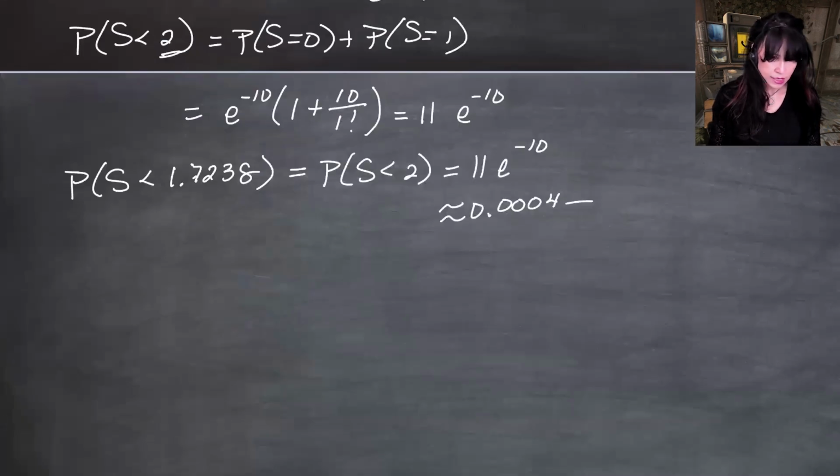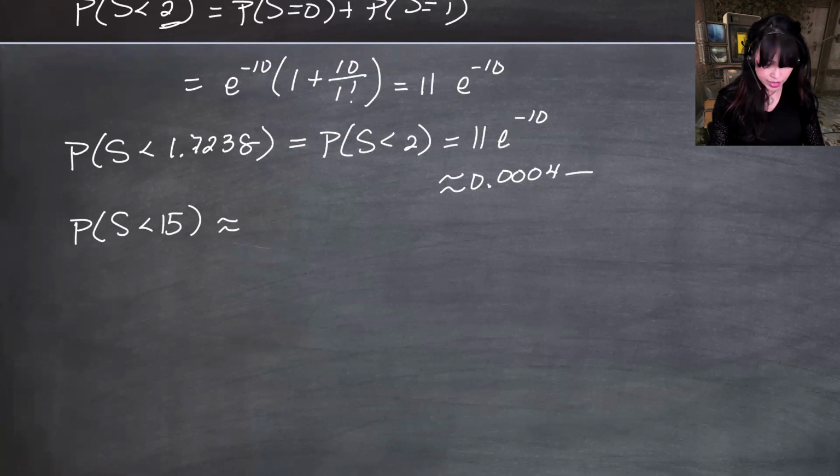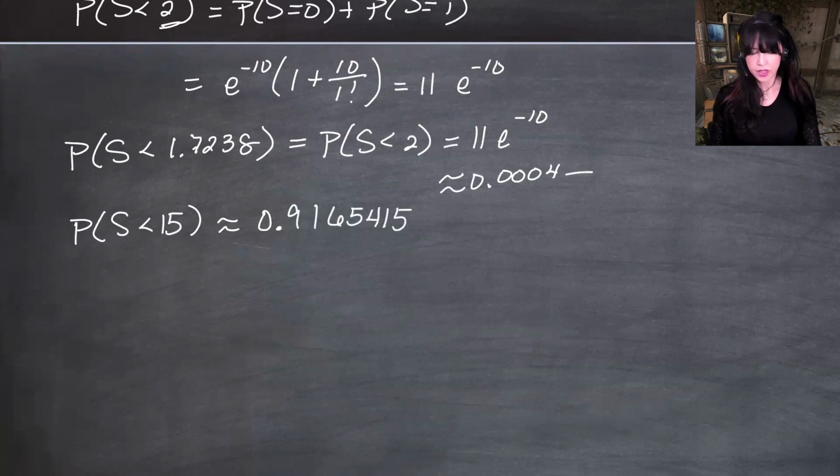I got the probability that S is less than 15. This was approximately, I did everything exact, but I'm writing an approximate answer, 0.9165415. So I didn't quite make it to 0.95.